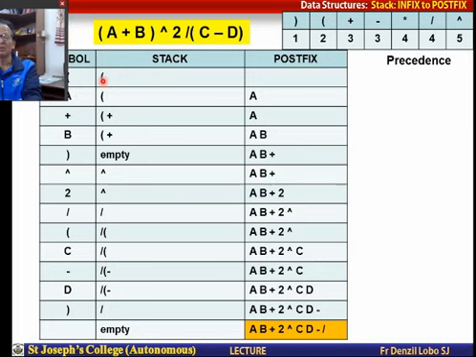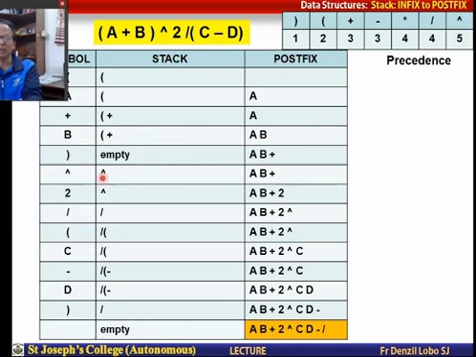Then you check here. First the left parenthesis. Then A goes onto the postfix. Then plus goes onto the stack. Then B naturally goes onto the postfix expression. Now the right parenthesis comes, therefore you pop that plus into the postfix, and the stack becomes empty.